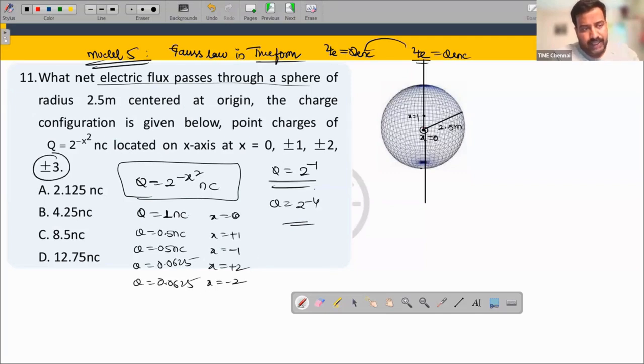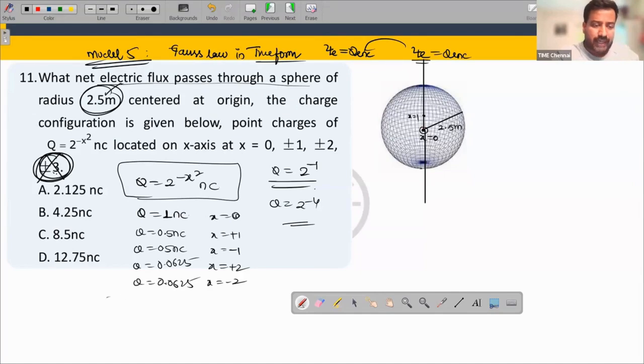Now the important thing is x equal to plus or minus 3 is outside 2.5 meter. This will not be enclosed by the sphere of radius 2.5 meter. That is the point you need to understand, that this point is outside this 2.5 meter range.